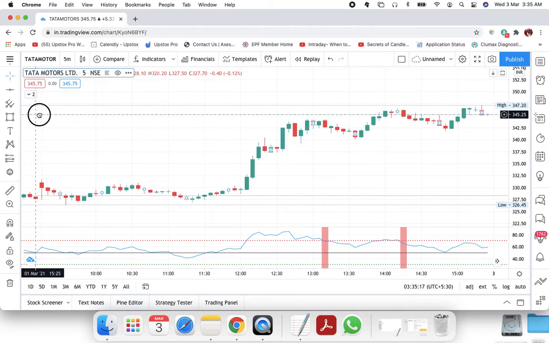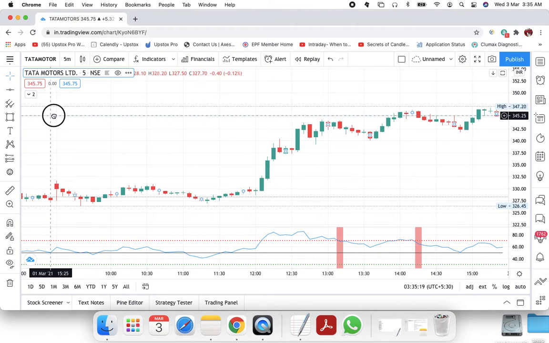If you see, today's morning candle opened here, and that is a red candle, so it represents the sellers are active.